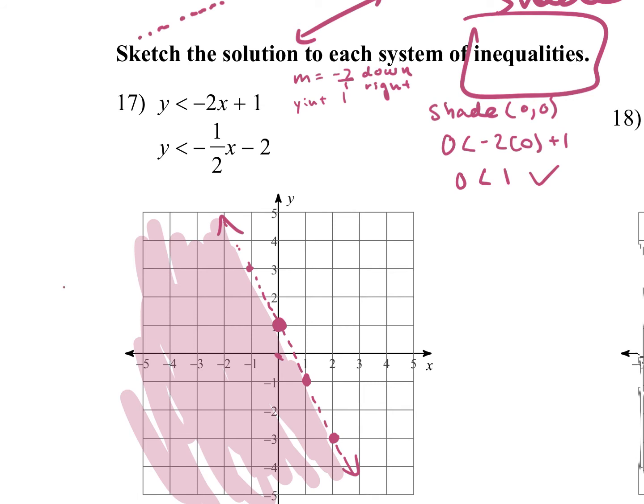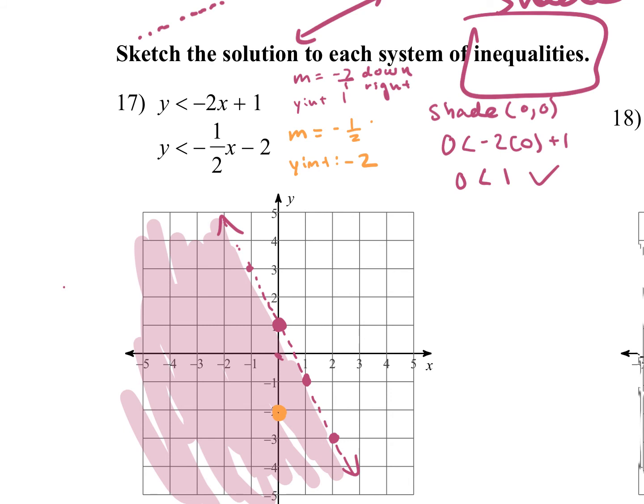Let's do the same exact thing with the second one. So what's my slope in the second equation? Negative 1/2. Brioni, what's my y-intercept here? In the second equation. Negative 2. So I'm going to put a point at negative 2. And how do I do the slope of negative 1/2? Which way do I go?